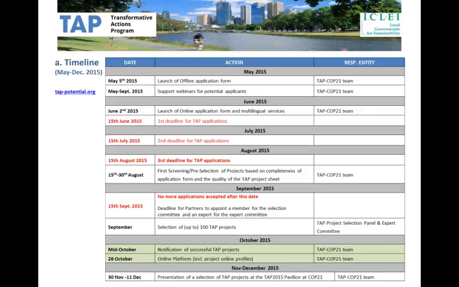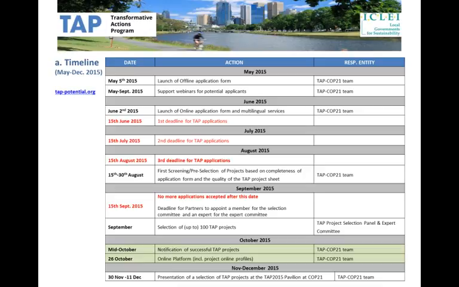The application form exists in several languages, as I said before, all downloadable from the TAP website. By the 15th of September is also the time when partners of the TAP will appoint members to sit in the selection committee. So that's also when the selection of TAP projects will start.